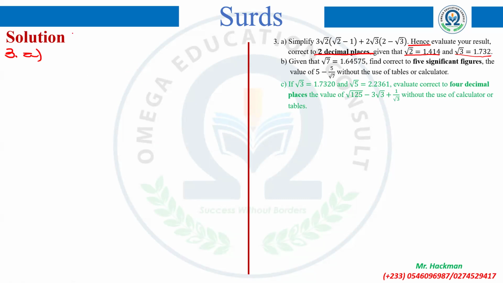So quickly, let's look at what we have there. What are we given? 3 root of 2 into root of 2 minus 1, then plus 2 root of 3 into 2 minus root of 3. Is that clear?